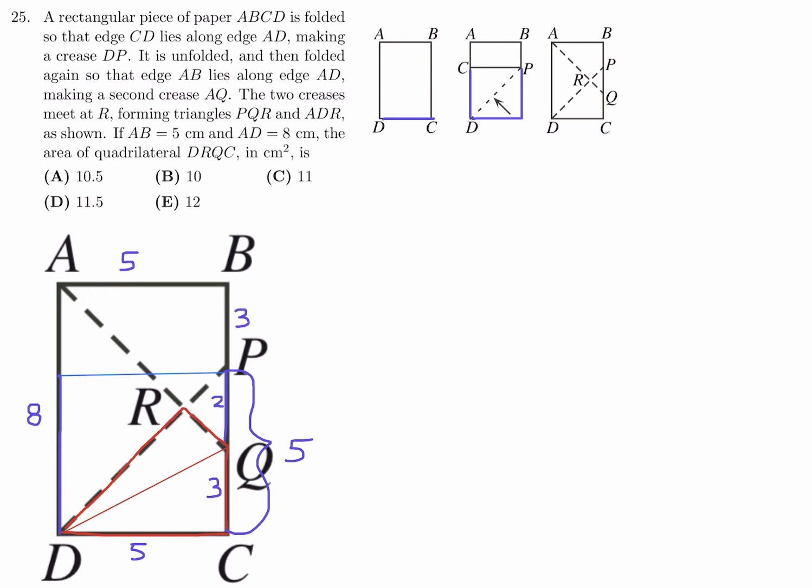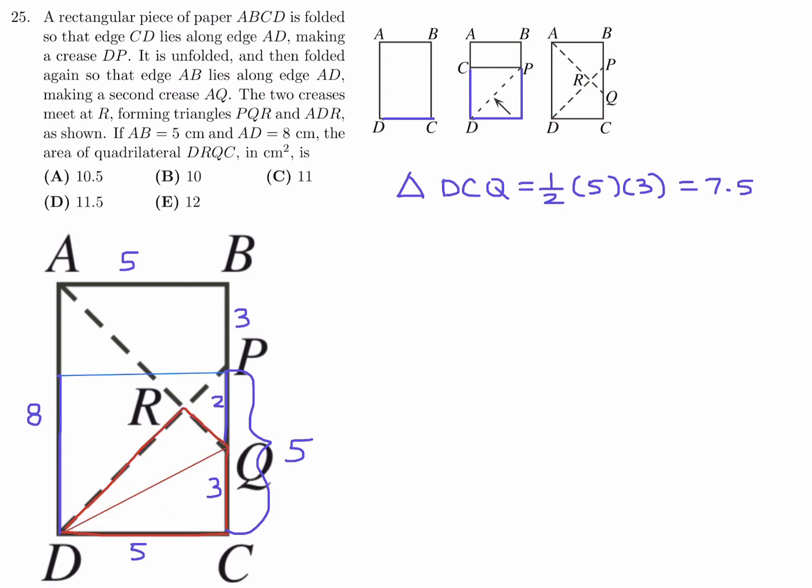Okay? So the very first thing in this red quadrilateral we can figure out is the area of this triangle right here. That triangle, which is DCQ, is just 1/2 base times height, and the base is 5 and the height is 3, so that's 7.5. Now we have to figure out this triangle right here.